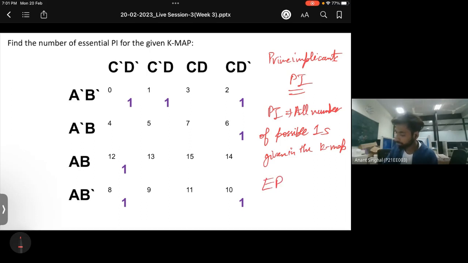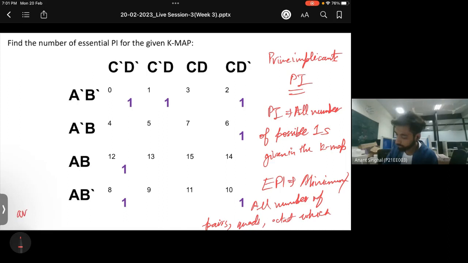And EPI, which is asked in this question, is nothing but the minimum number of pairs, quads, octets which are necessary to realize the expression.